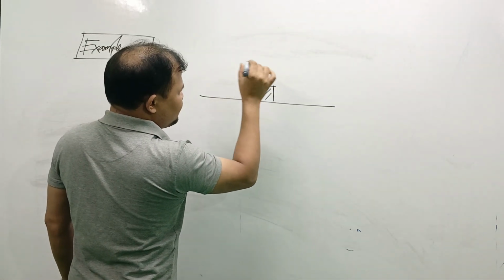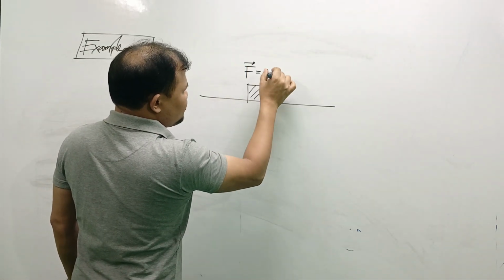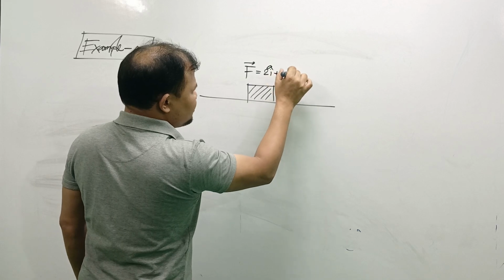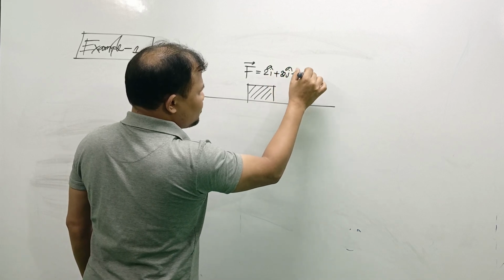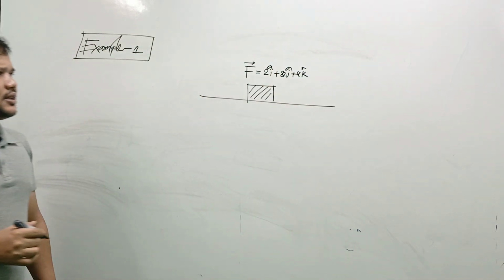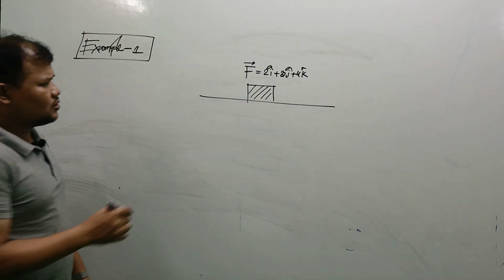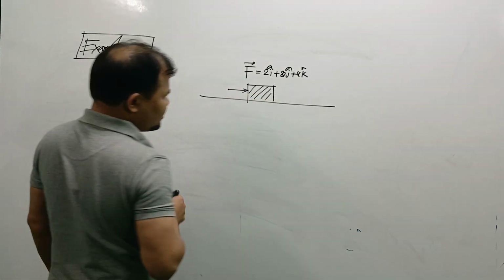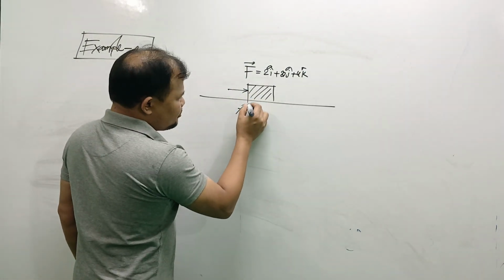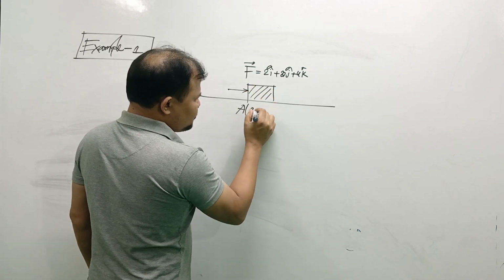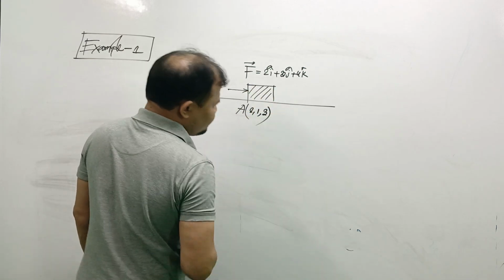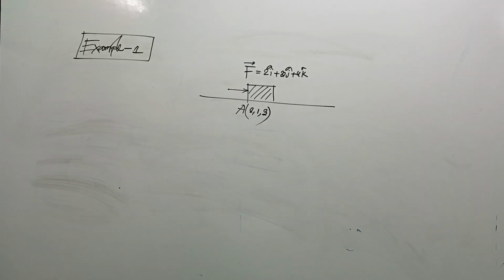F is 2i cap plus 3j cap plus 4k cap. This is the force, and the position of the object is 2, 1, 3. Okay, this is the position of the object.